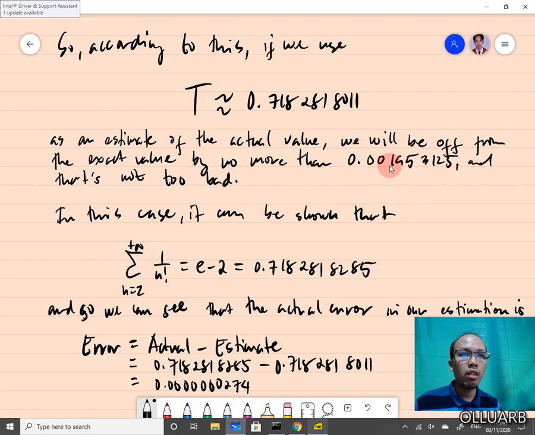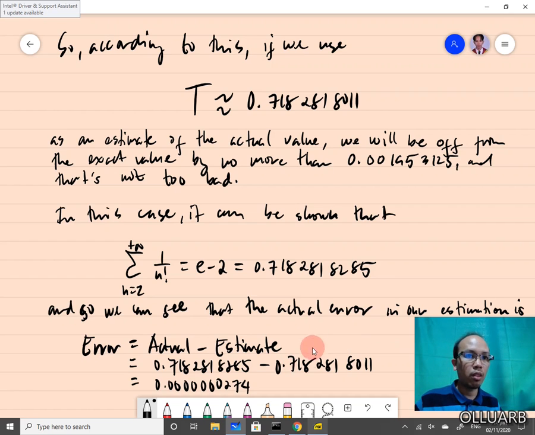But remember, there are times when this value here, the error, is equal to this one, but mostly this is less than. Okay, this error here.